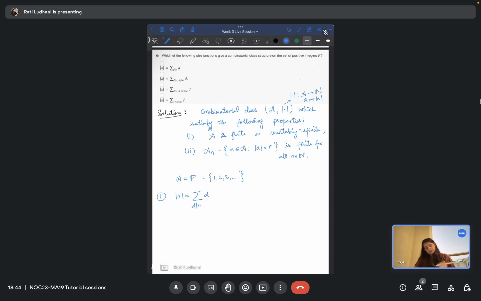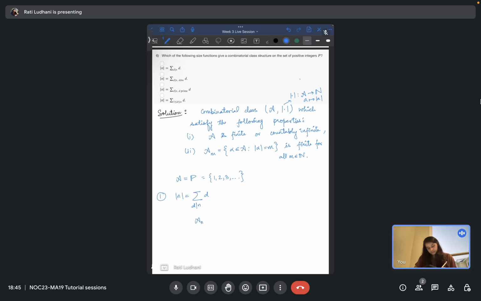Okay, so that might be confusing. Let's write m for simplicity. So you write m here, because otherwise this will be confusing at this step.